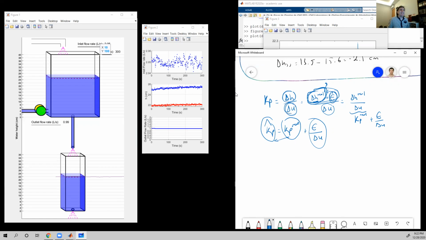If we had given a delta U such that delta H is 10 times greater, then Kp hat is going to be much closer to the real value. We can still assume that the same E value is present there. Of course, delta U will change, but delta H real will also be much greater compared to this case. Therefore, the value that we estimate is going to be much closer to the real value.